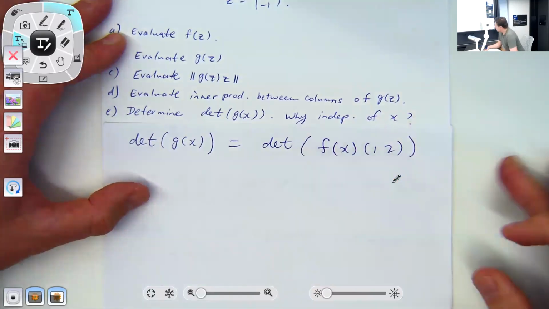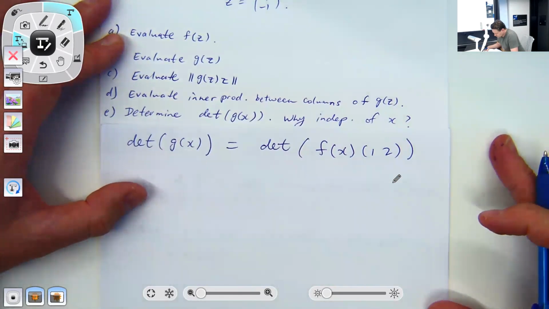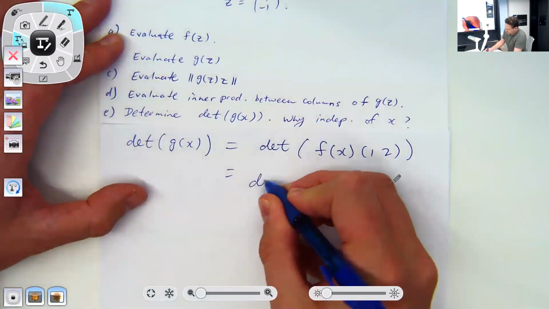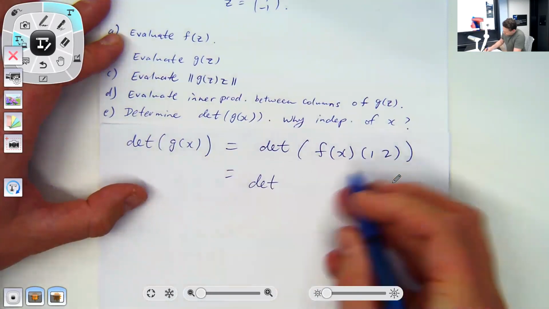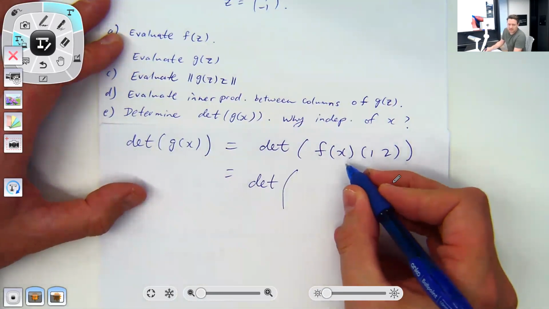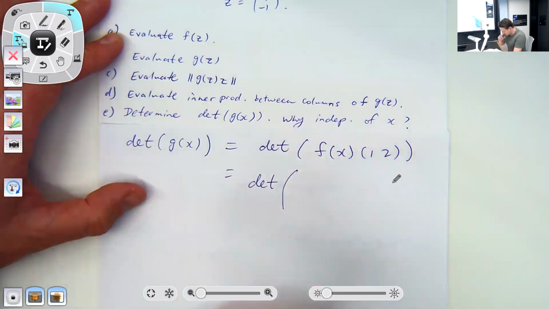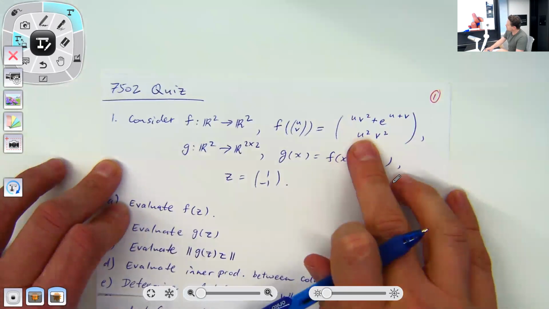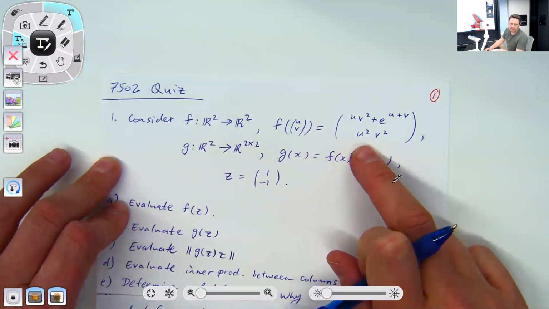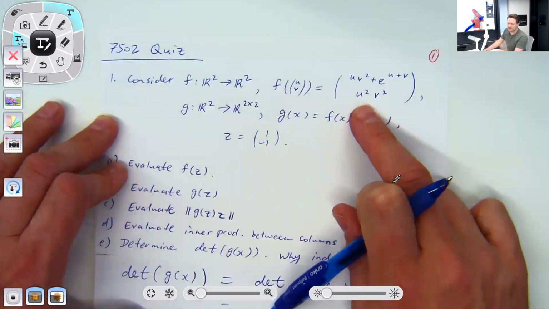All right, and now I'll just write what f of x would be just to clarify. So we've got det of, now if I've got an x there, this is taken to mean a vector, the x, and the rule was up here. So I'll say let x be x1, x2 in its entries, all right?